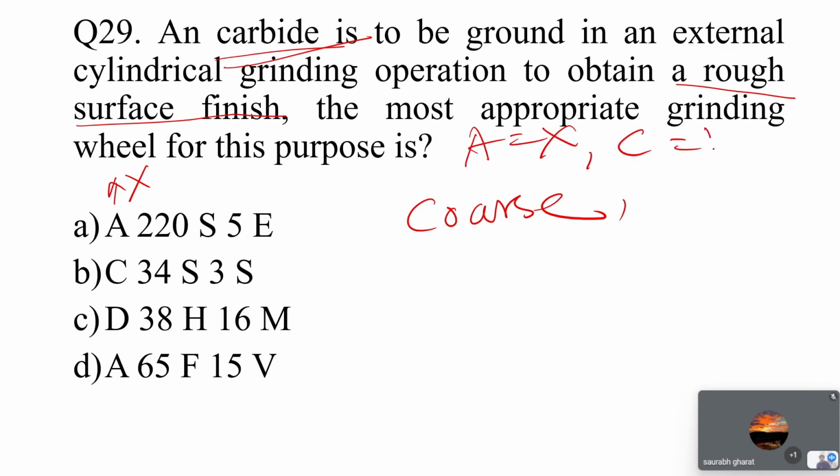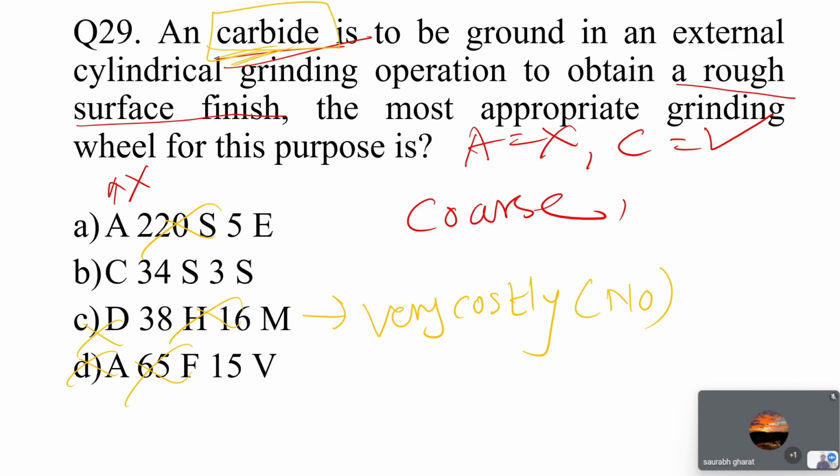Diamond is very costly, so you can't go with this either. So A is gone, because you can't go with carbide using A. So what we have left is only C, that is your SiC. This will be your SiC.